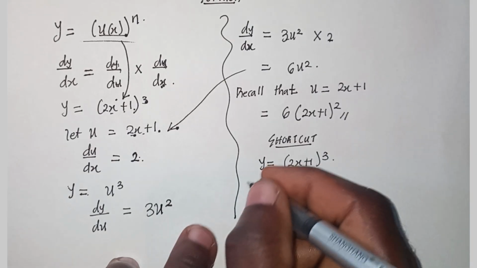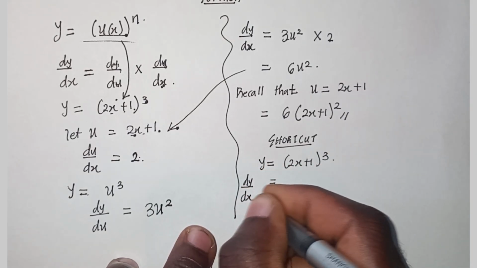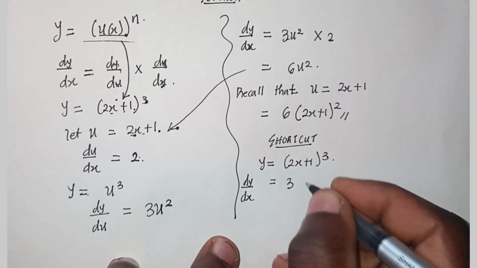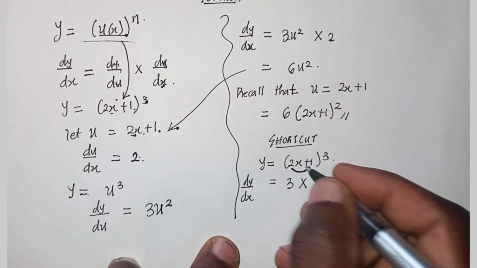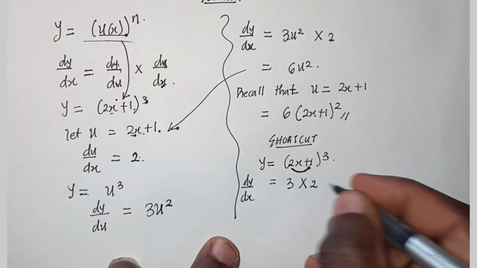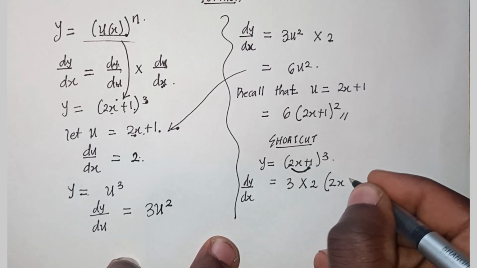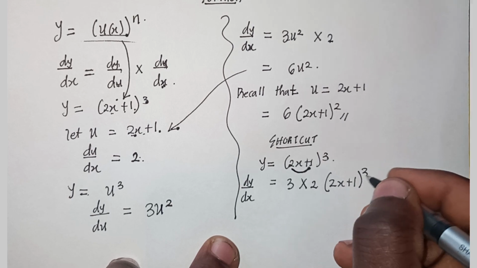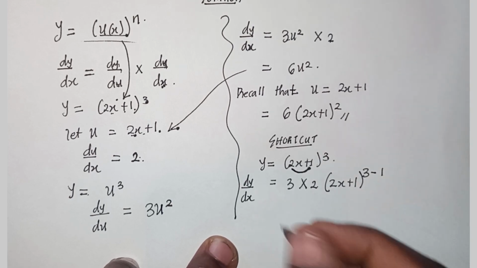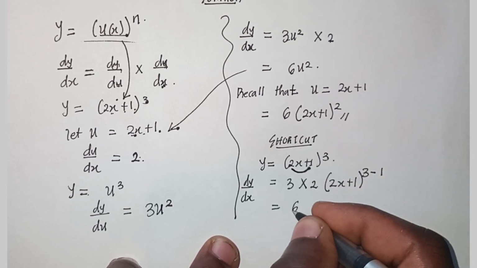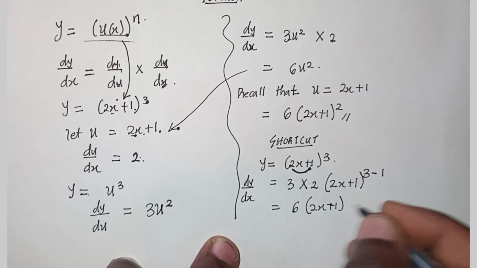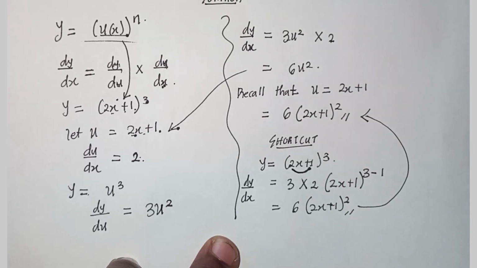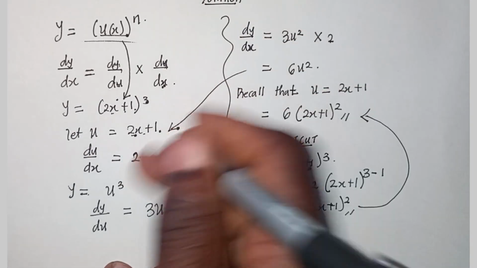All you need to do is, our dy/dx will be equal to your 3, which is the power, times the derivative of the content in this bracket, which is 2, times your question, (2x + 1) raised to power 3 minus 1. That will be 3 times 2, which is 6, in bracket (2x + 1) raised to power 3 minus 1, which is 2. This is the same as the answer we have here. So you can see the two approaches.